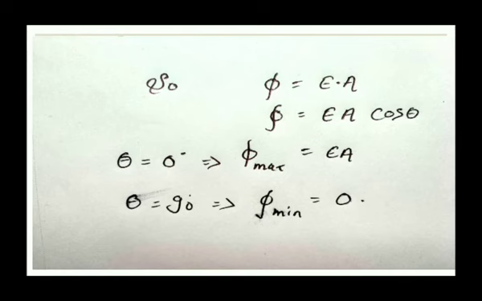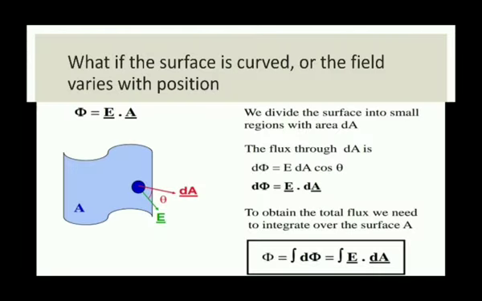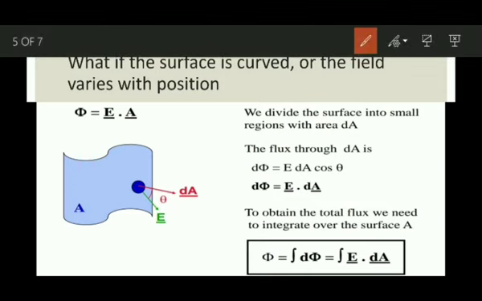But it is not always the case that we have a planar surface. Sometimes we have an area of irregular shape that is kept in an electric field. For that, how do we calculate the electric flux? To calculate the electric flux of an irregular object, all we have to do is divide the surface into small elements and specify the direction of the planar area which is normal to the plane.